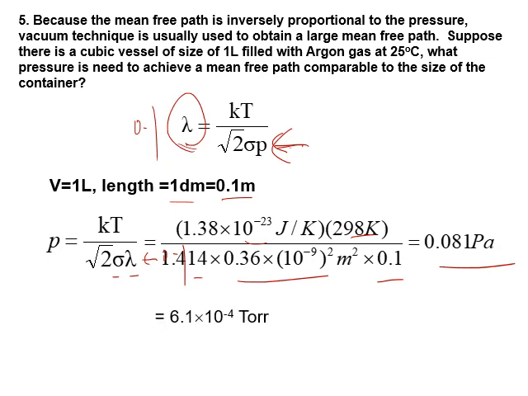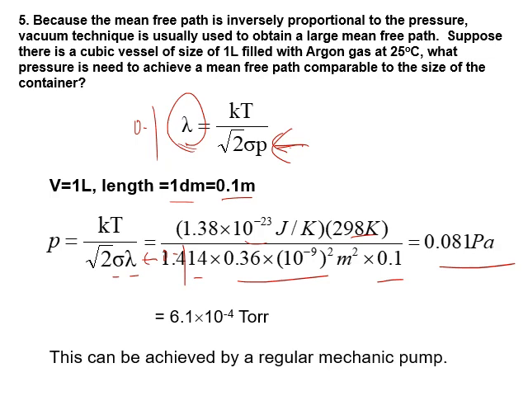That can be converted to torr, which is 6.1 times 10 to the minus 4. This pressure can be achieved by a regular mechanical pump. Using a regular mechanical pump, you can lower the pressure to 6.1 times 10 to the minus 4 torr, and in that case the mean free path for argon can be 0.1 meter, the dimension of the container.